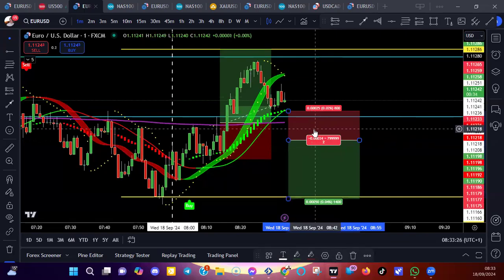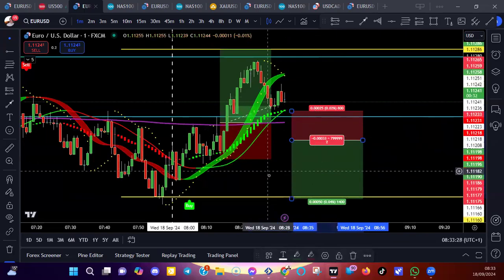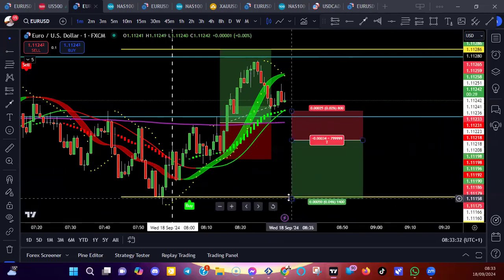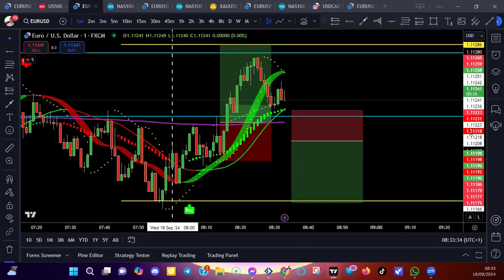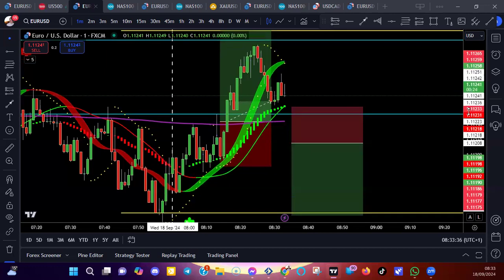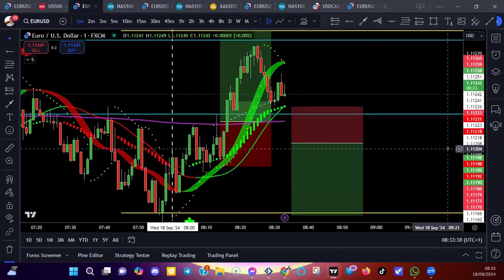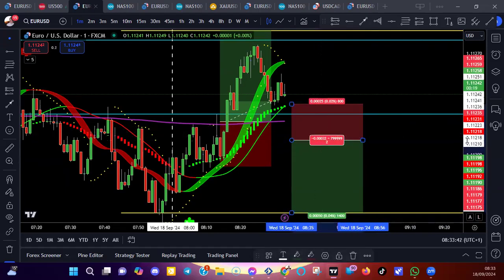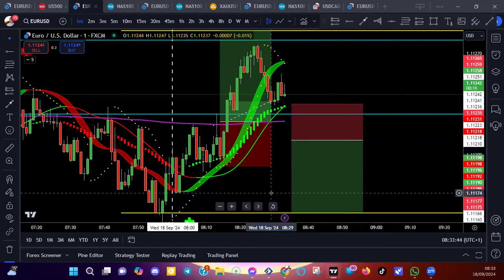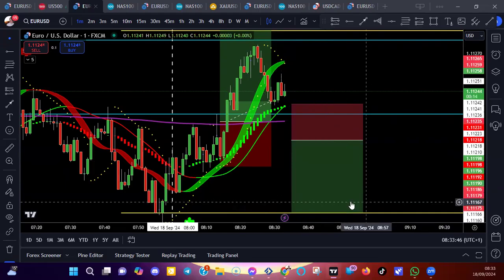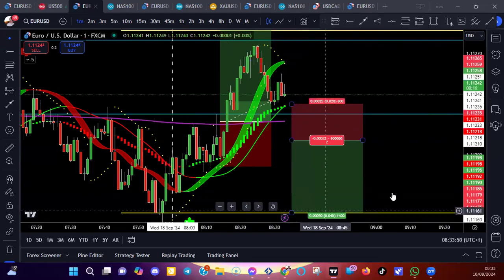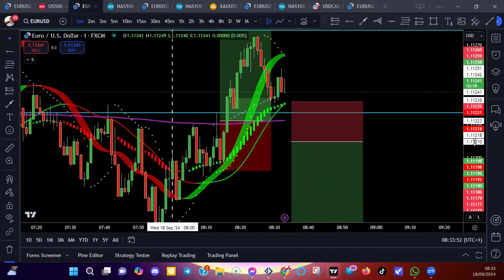If we do get a sell alert, and now we're just entering into the buy zone, so that's if we do get a sell alert, that'll be quite decent in respect that we're still within the range.